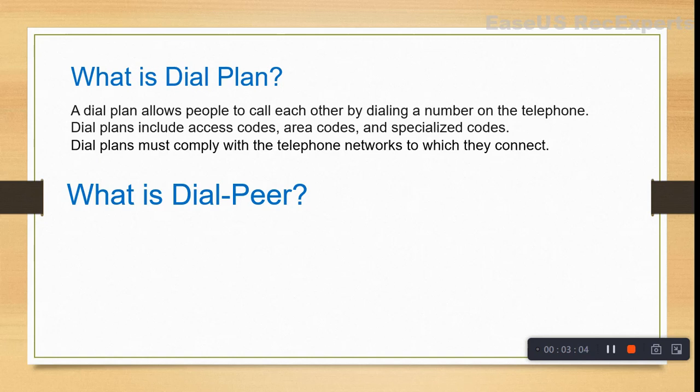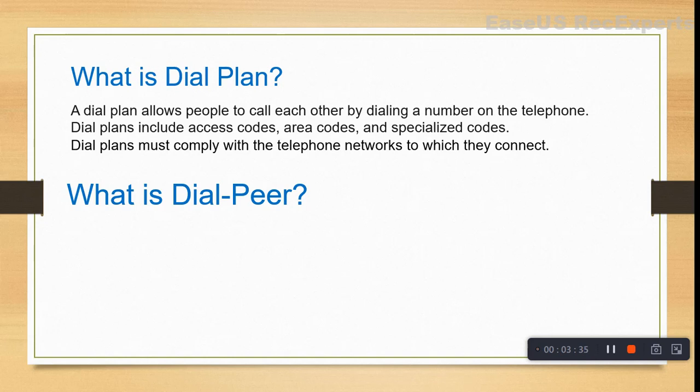So whenever we configure our router to act as a voice gateway or a CUBE, the dial peer configuration must comply with the country's dial plan, as the government or the telephone companies specify it.